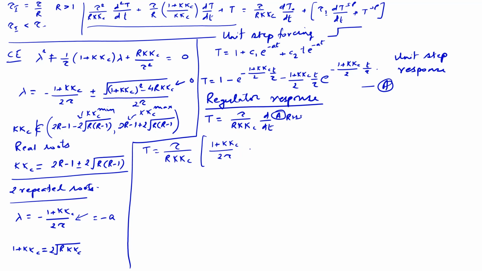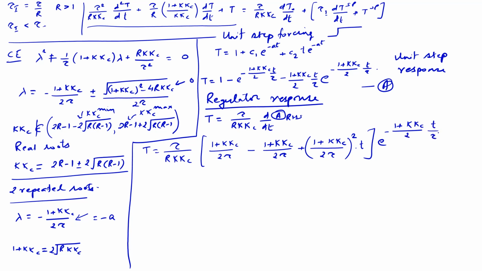With respect to time, if you differentiate the first term, you'll get minus 1 plus kkc divided by 2 tau, and if you differentiate the exponential, what you'll get is plus 1 plus kkc divided by 2 tau whole square times t, this whole thing multiplied by e to the power minus 1 plus kkc divided by 2 times t by tau.